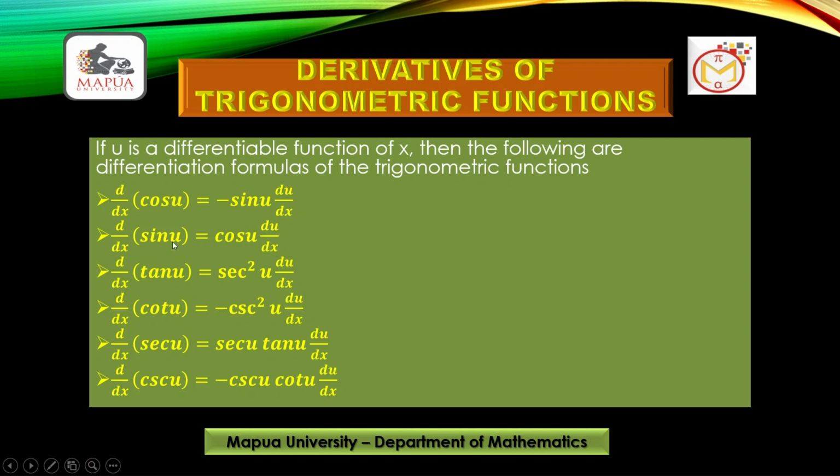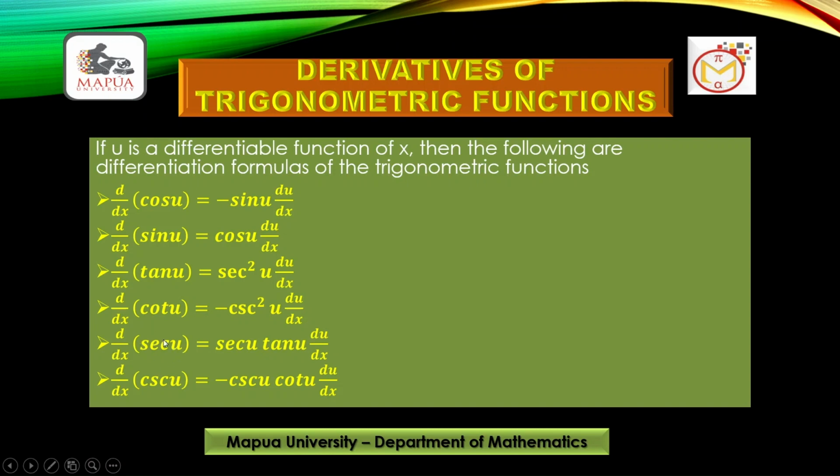For the sine function u, the derivative is cosine u times the derivative of u with respect to x. For the tangent function u, the derivative is secant squared u times the derivative of u with respect to x. For the function cotangent u, the derivative is negative cosecant squared u times the derivative of u with respect to x.